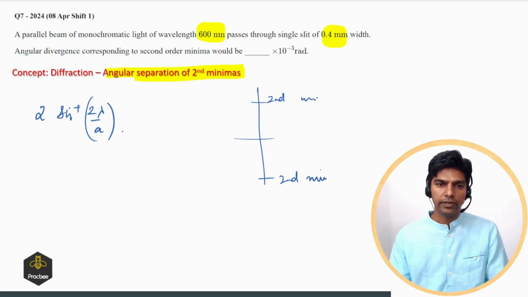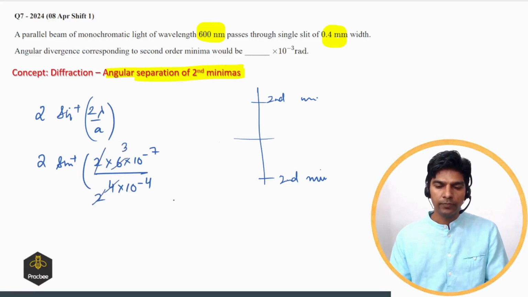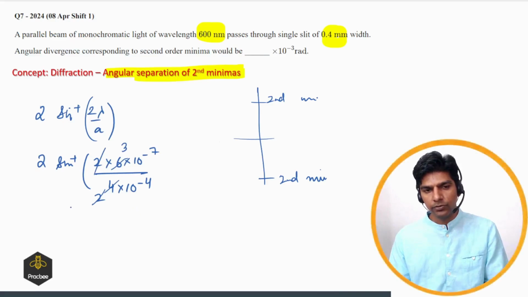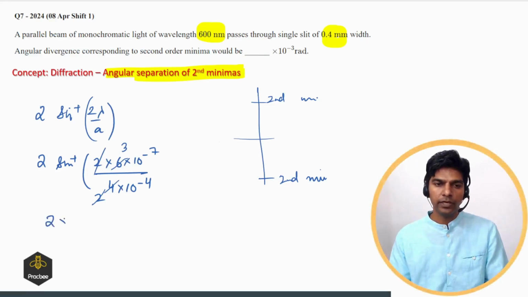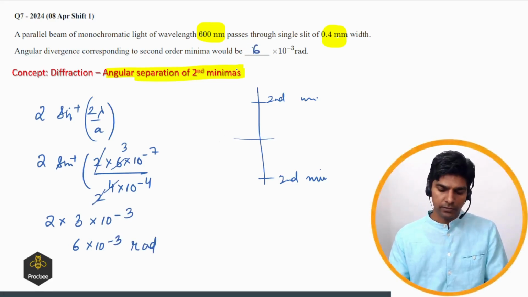So let us see what we are getting from this. So 2 times sine inverse 2 times lambda, which will be 6 into 10 raised to minus 7 divided by 4 into 10 raised to minus 4. Can you see the angle is very small, so we can write sine inverse of 2 lambda by A as nearly 2 lambda by A. So 2 times 3 into 10 raised to power minus 3, so this will be 6 into 10 raised to power minus 3 radians, right?